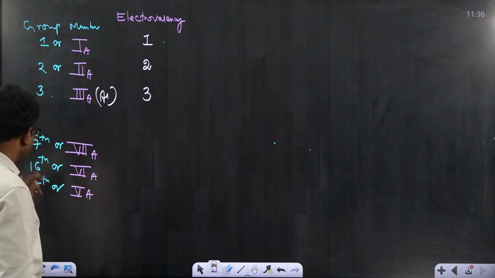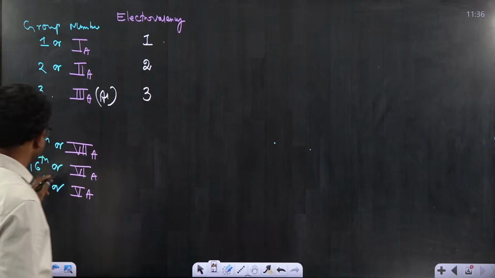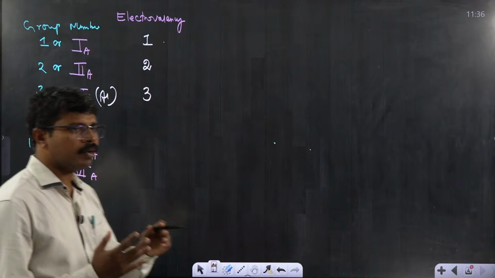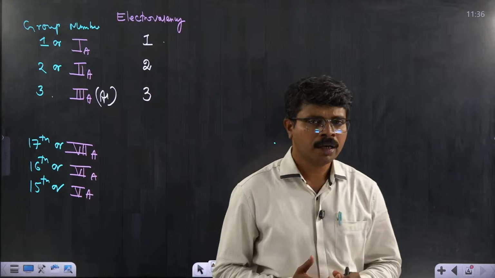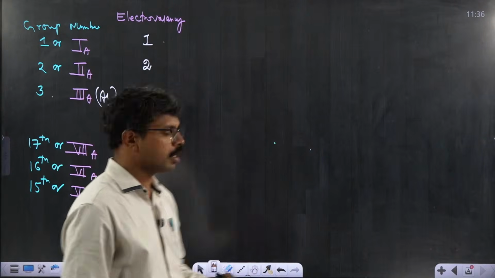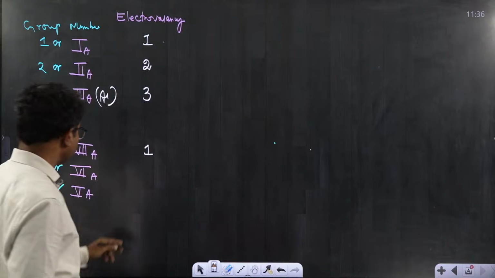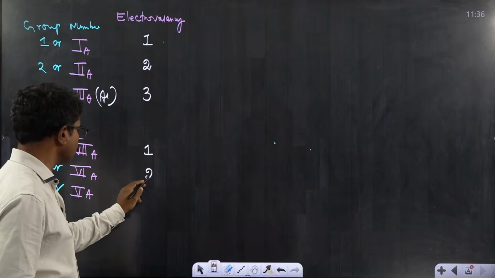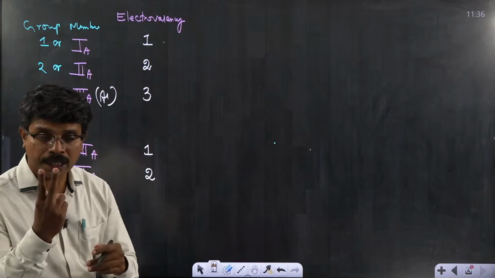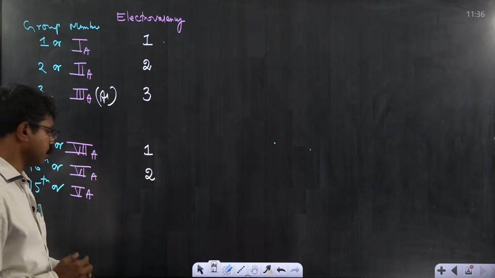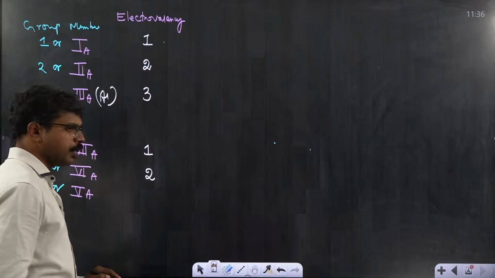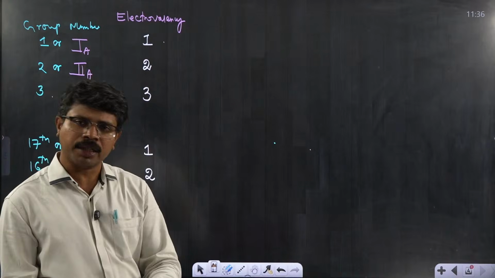Now, if I am talking about 17th group elements, they already have 7 electrons in their valence shell. They require gaining how many electrons? Only 1 electron. For 16th group elements, already 6 electrons, they need to gain 2 electrons to achieve octet configuration. If I am talking about the 15th group, already 5 electrons are in the valence shell.